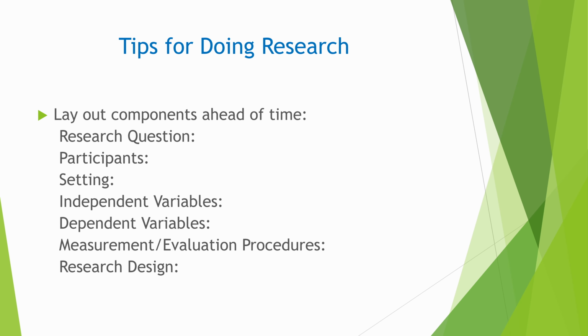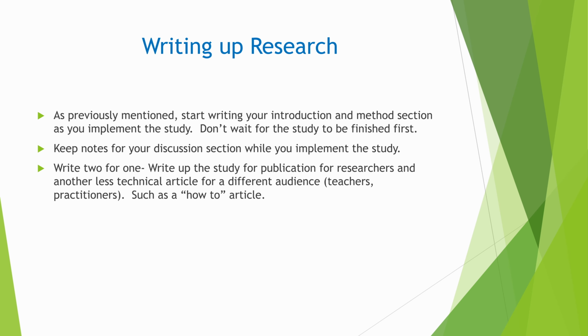And this can go in a newsletter, online site, or wherever. But this can be really helpful for practitioners in the field to get, here's 5 ways to handle this situation or whatever the case might be. So you can branch out and get more publications from one study.